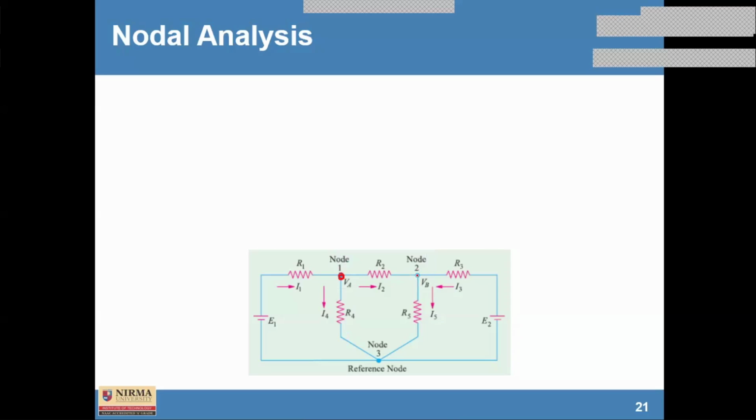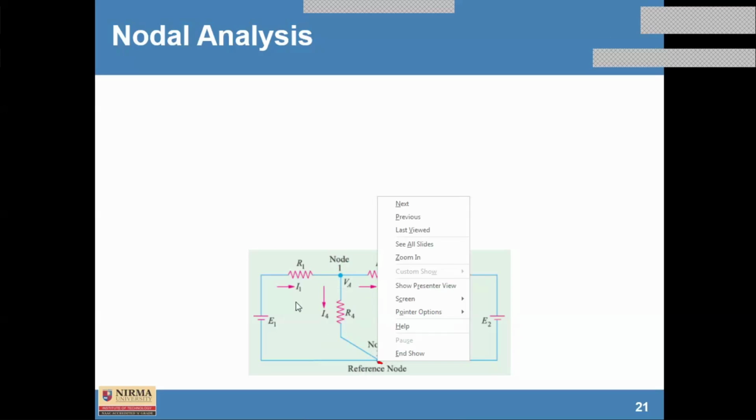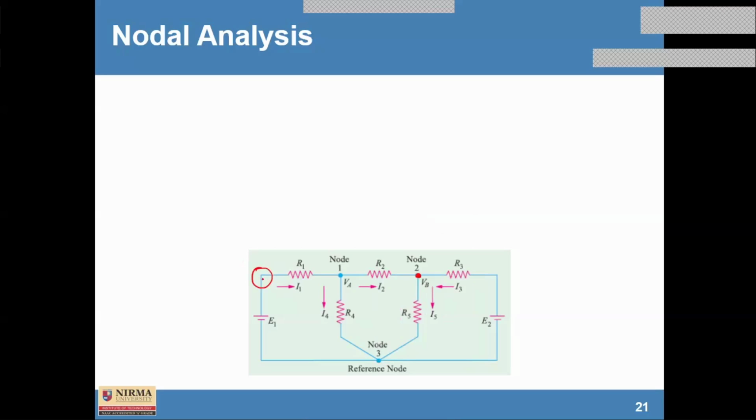Similarly, we can define a node here also, and here also. But we cannot define a node here, because there are only 2 elements, one is a battery and another is a resistor. So this point we cannot consider as a node. In this case, we can identify the nodes: node 1, node 2, and node 3.